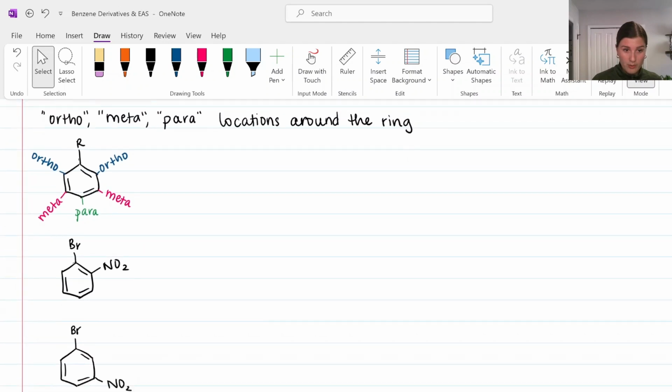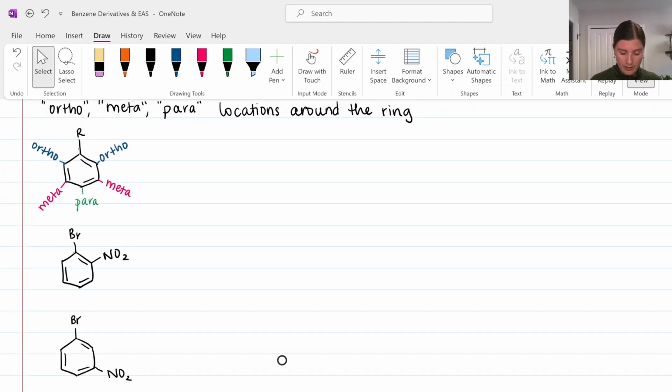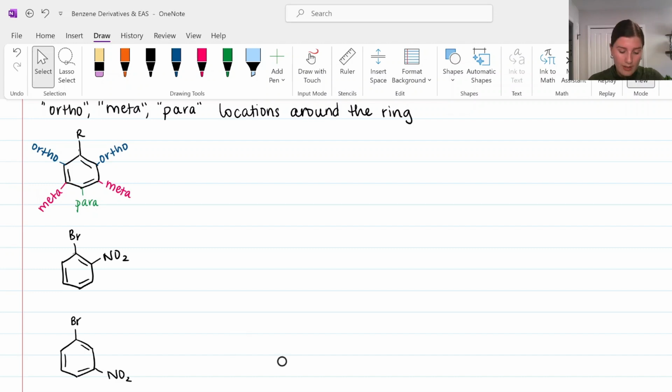Actually, we'll do these 2, and then we'll do the third one, just because I can't show everything on the screen at the same time. So in the first molecule, the bromine and the nitro group, those 2 groups are adjacent to each other. They're on adjacent carbons. So these 2 substituents have the ortho relationship.